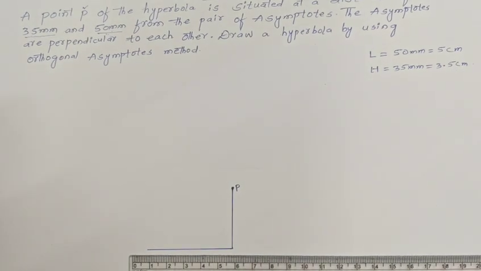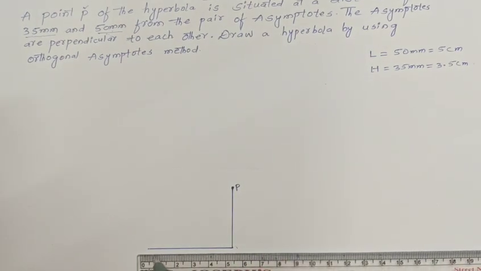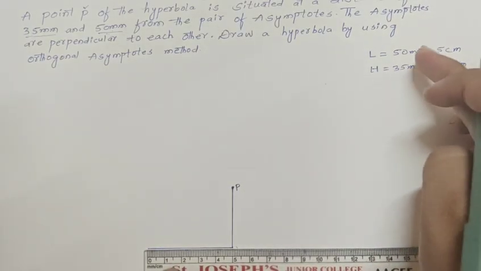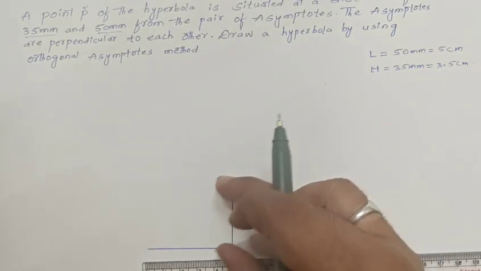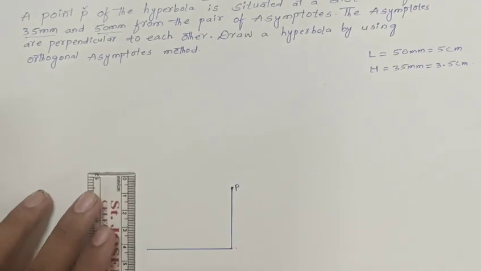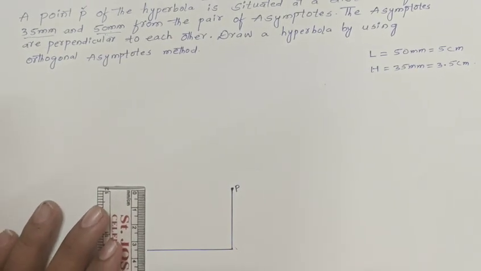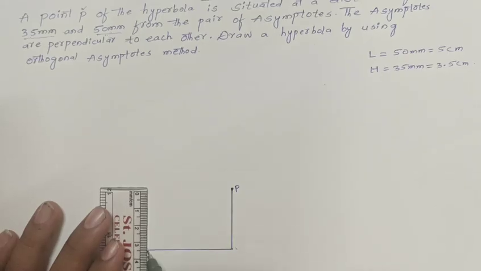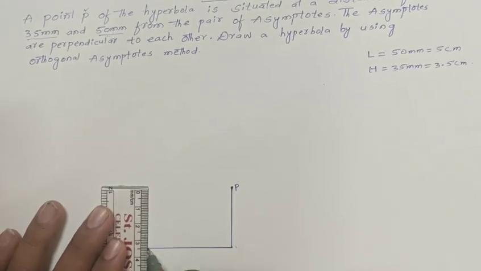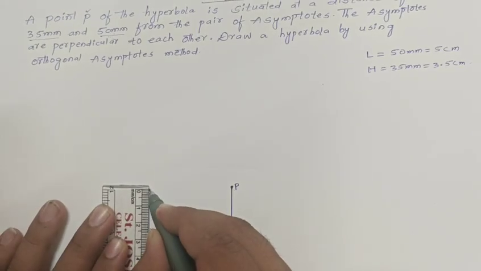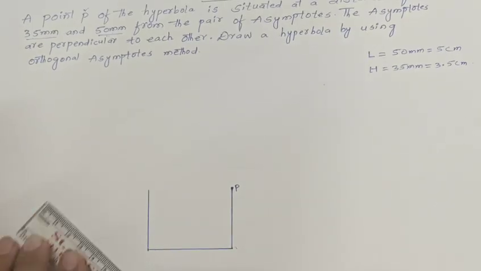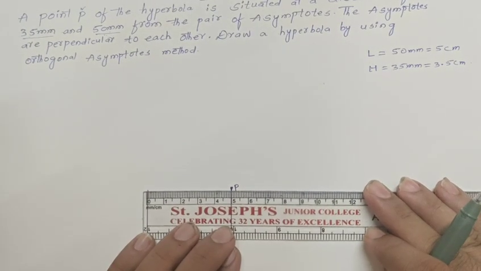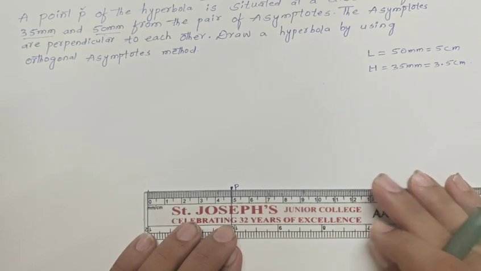This length we are taking as 50 millimeter, and the height is 35 mm, toward the right hand side and toward the left hand side. After that, we need to join the points. Clear?